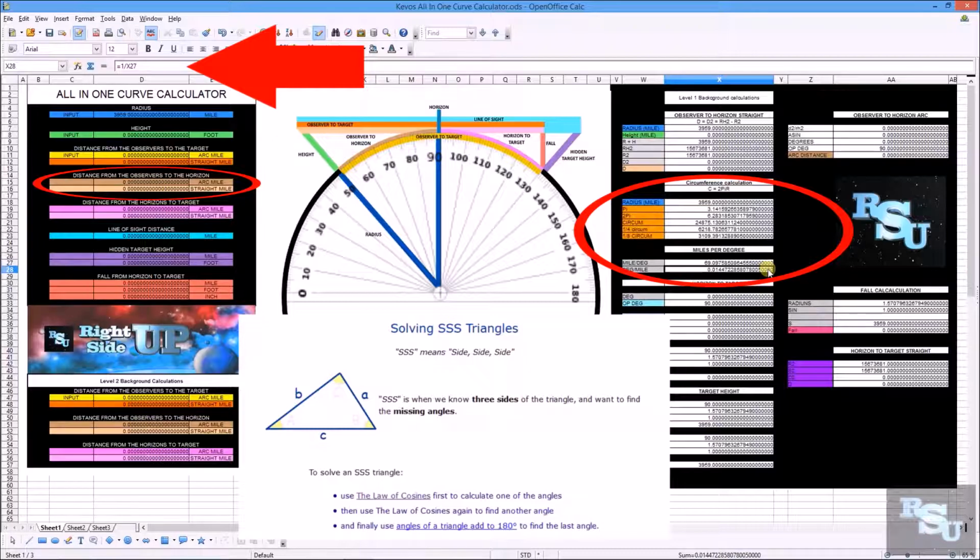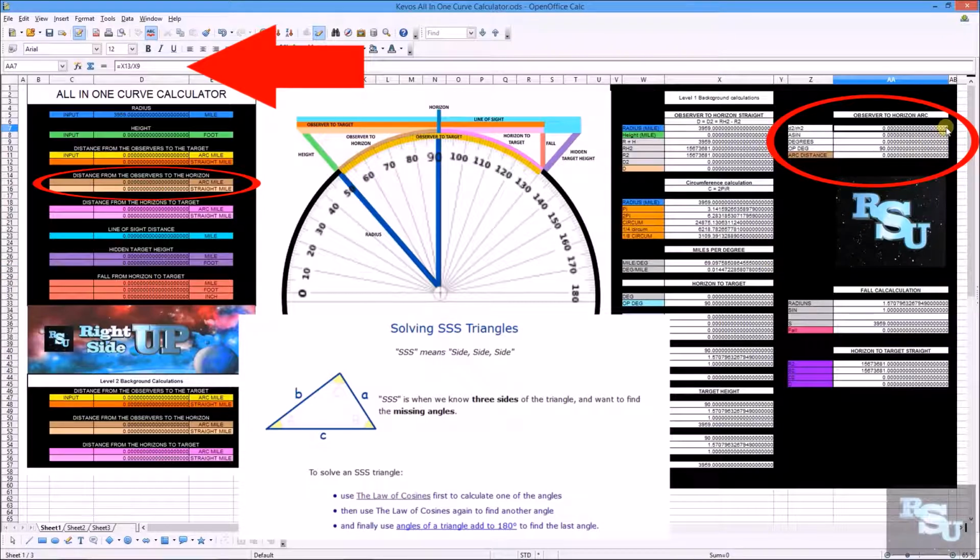We need to convert the degrees to distance, and to do that we take the distance squared divided by the radius plus height squared from over here, and then we apply the asin function followed by the degrees function, and that figure is divided by the degrees per mile from over here to give the arc distance to the horizon.